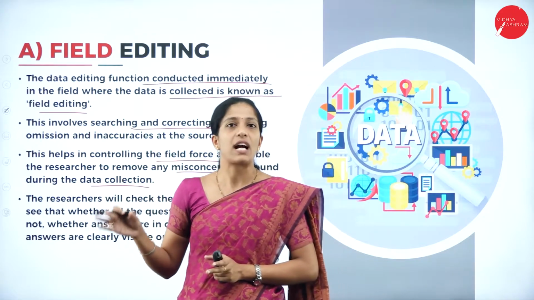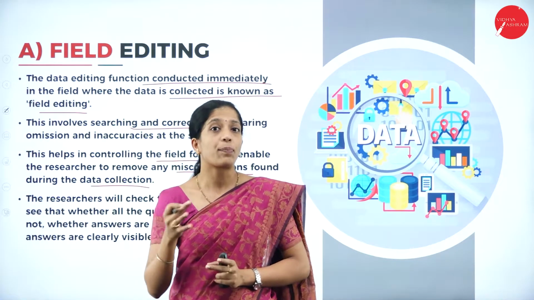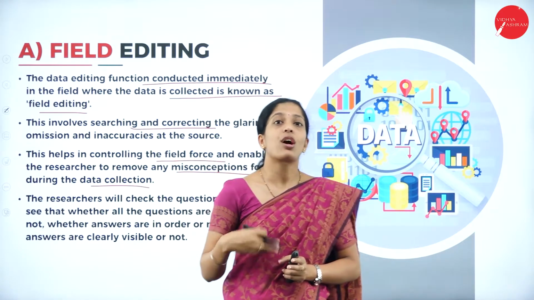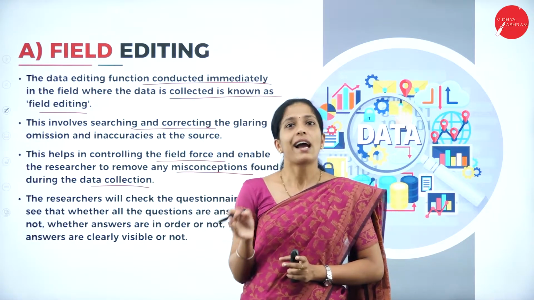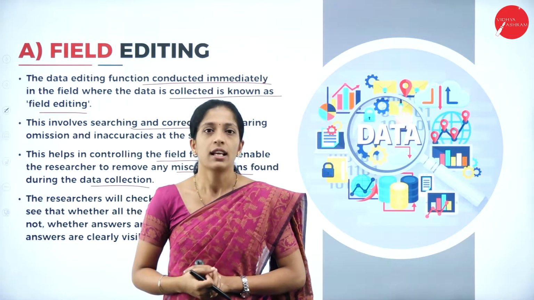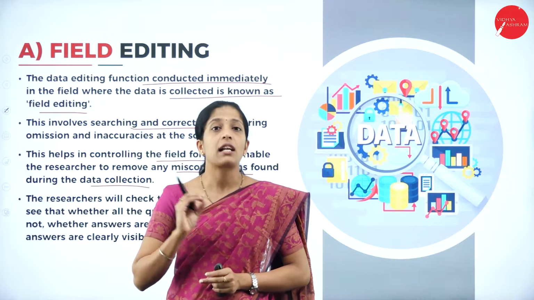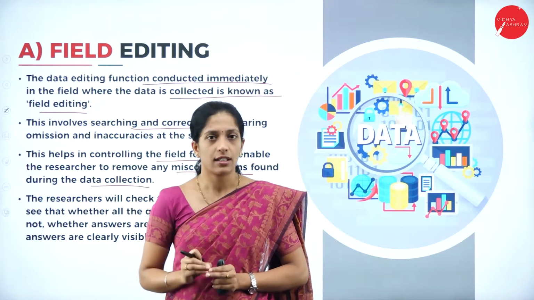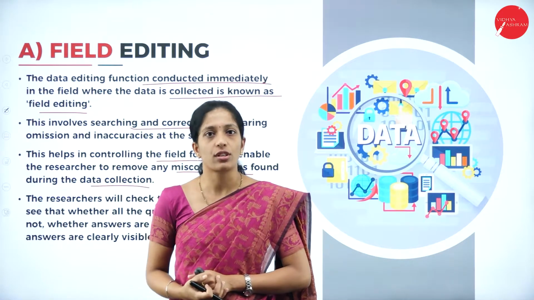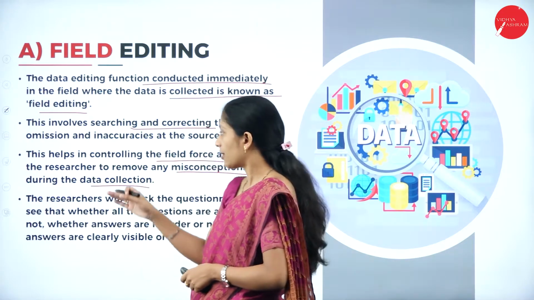The main advantage of field editing is that if the data collected is not checked immediately, then he has to wait a longer period of time in search of those respondents, correct? In field editing, if he edits the data immediately, then his doubt will be cleared. At the same time, sufficient data can also be collected.